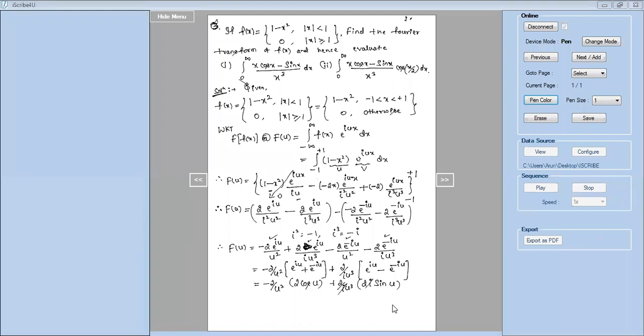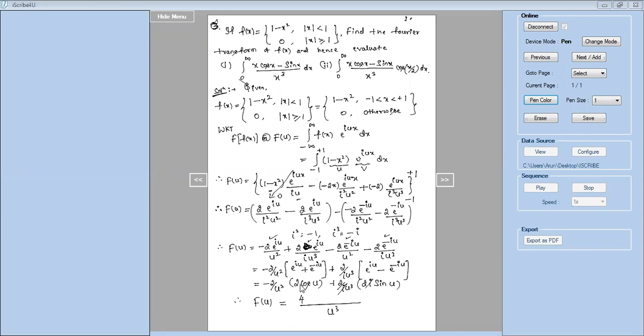So finally I can write f of u equals, see this step straight away. What I'm going to do is take u cube as the LCM. If I take u cube as the common term, u cube divided by u square, u will remain, u into this term.